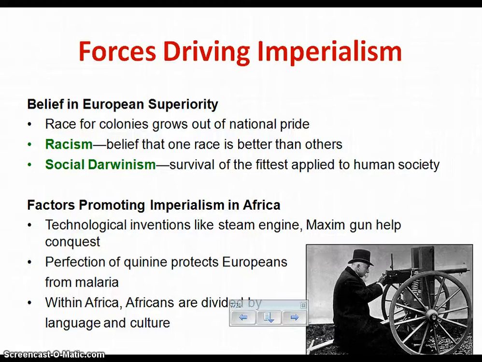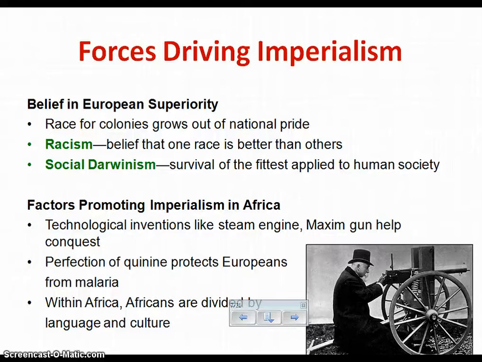They are superior. So what ends up happening is, because Europe has the power at the time, because Europe has the technology during the Industrial Revolution, they start to gain more racist tendencies.